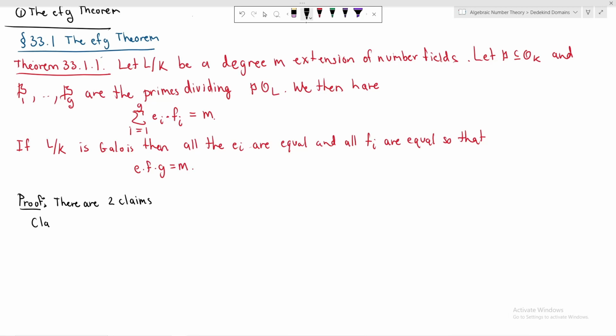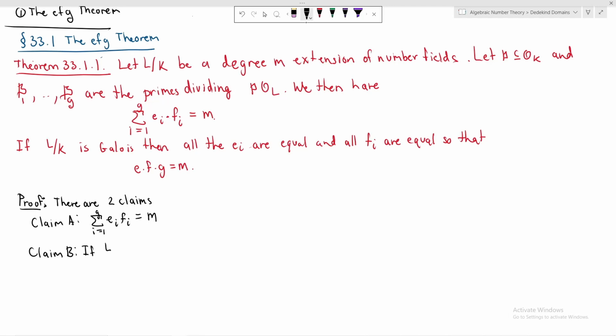So we've got claim A. Claim A says that the sum of these ramification degrees times the residue degrees is equal to the degree of the field extension, and then there's the claim B, what happens when our field extension is Galois.